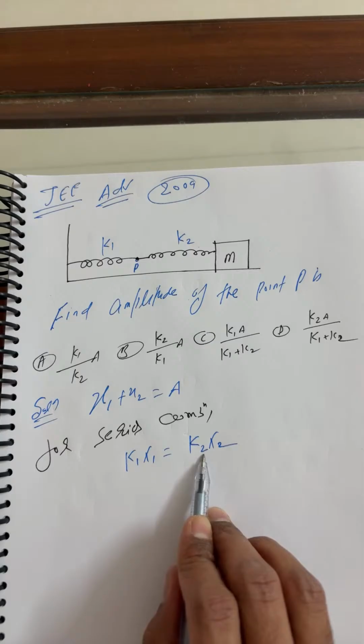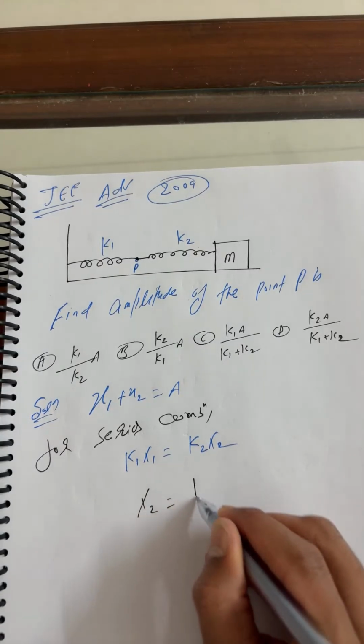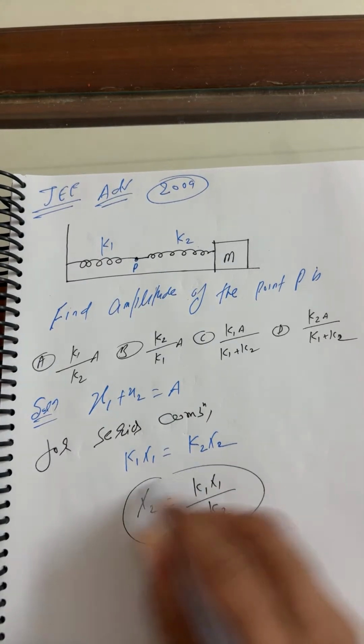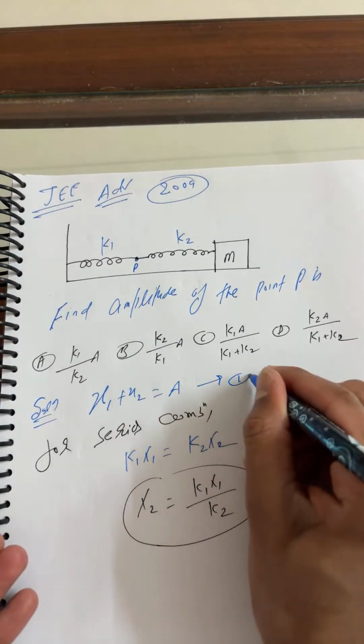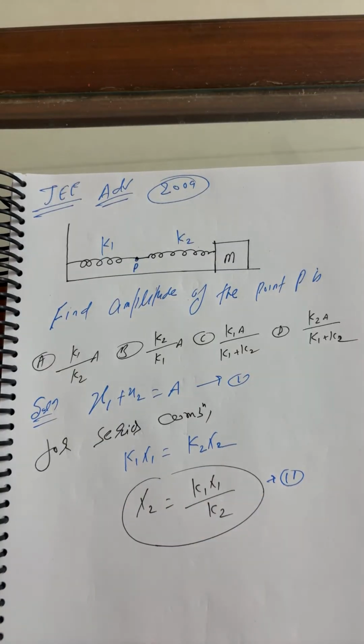Here you can write x2 equals K1 x1 upon K2. Let us call these equation number 1 and equation number 2. We wish to find the amplitude. What is the value of A?